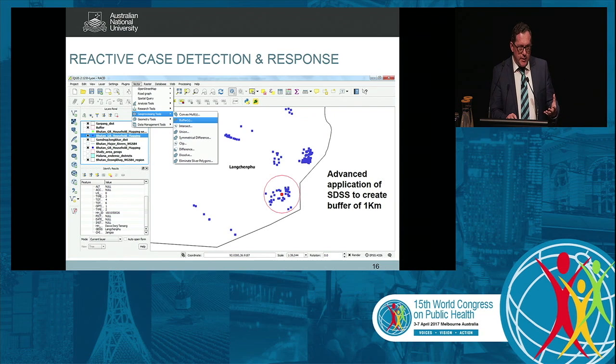So if there was a case of malaria in Bhutan, there would be a prospective enumeration of households around that case in order to deliver reactive case detection and other interventions, whereas with our geographical reconnaissance and prior enumeration, they were able to extract that information directly from the database, generate buffers, and ensure that they got good coverage within the buffer zones for their reactive case detection. So we think that this might have been the major advantage of the spatial decision support system within the context of Bhutan.